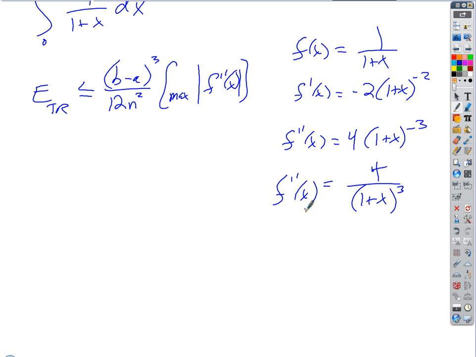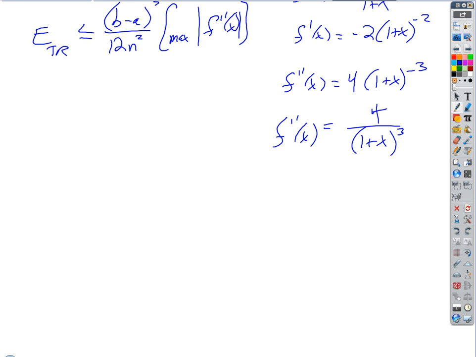So then I'm going to do this like if I were doing this on a college test. I would have said something like f double prime of x is maximum on 0 to 1 when x equals 0, right?